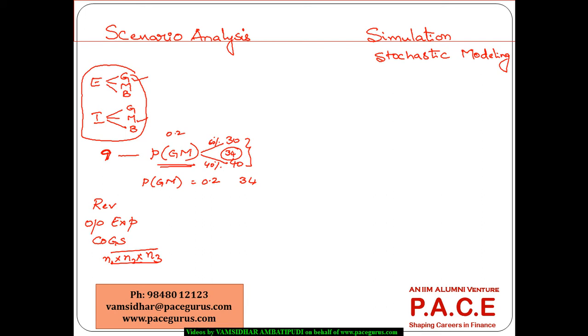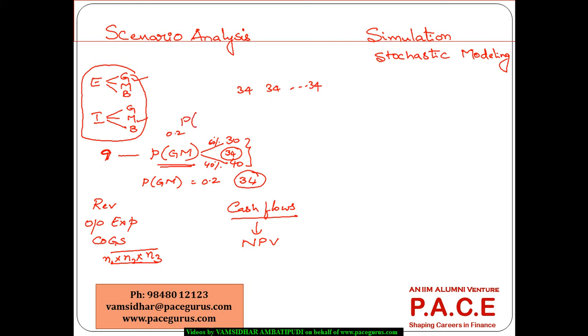The point is very simple. For each of these scenarios, try identifying its probability. What are going to be the typical cash flows in case this scenario occurs? Try computing the net present value of each of the scenarios. Let's say 34 is the cash flow for the next 5 years if the good-medium scenario occurs.